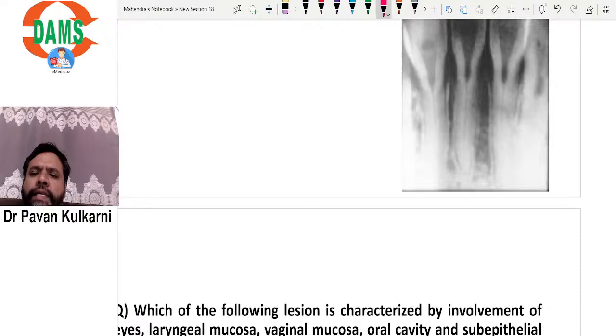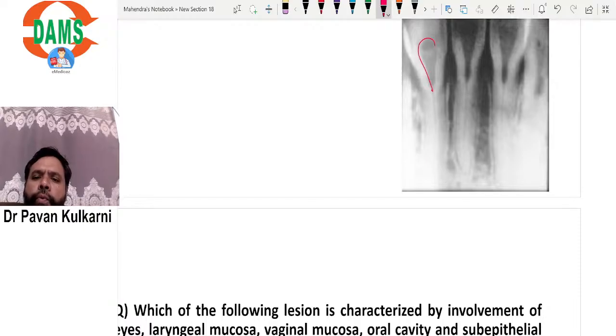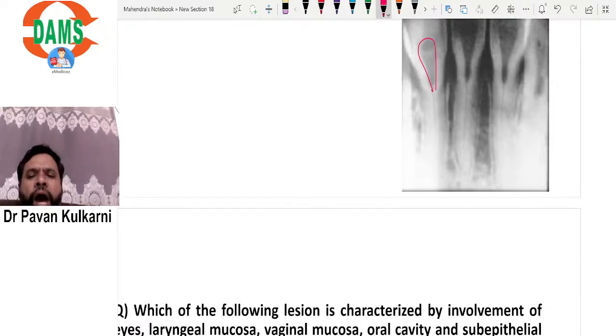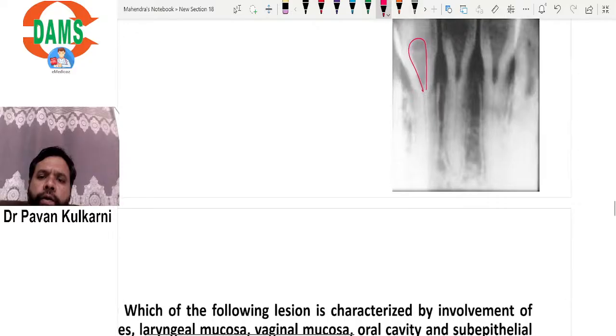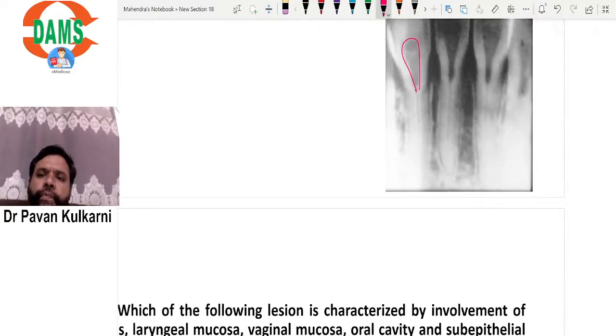This is the thistle tube. And how is the pulp in the root canal? You can look at this. This is so thin. I'll just erase this for you so that you can appreciate. Look at the pulp in the root canal. It is thread-like.